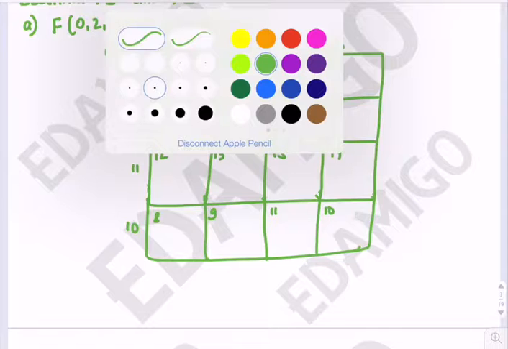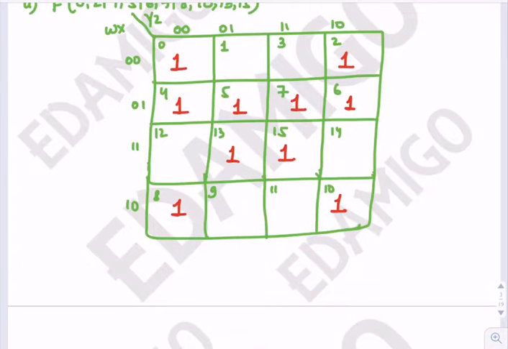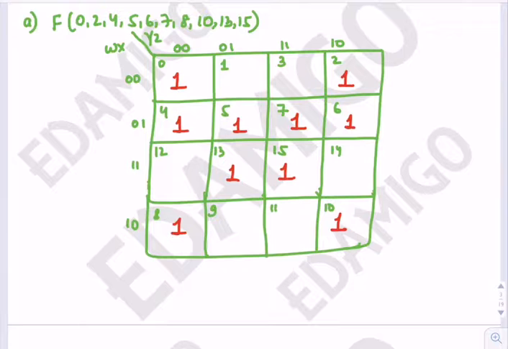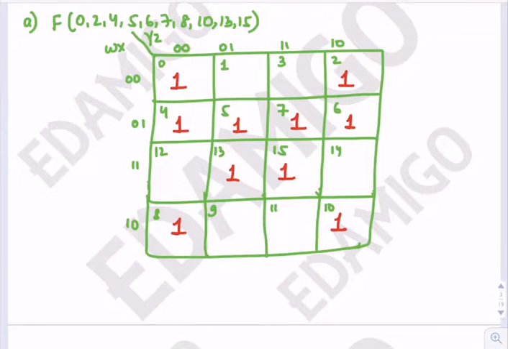Now I'll mark all the terms. So 0 is there, 2 is there, 4 is there, 5 is there, 6 is there, 7 is there, 8, 10, 13 and 15. So this is the K-map of the function f. Now let me draw the terms which are all the implicants.